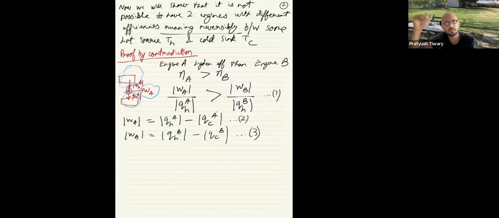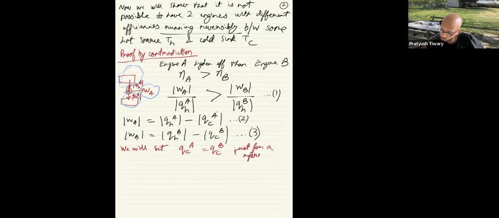So I want to repeat this. In order to compare two engines, because everything is relative, we will set QCA equal to QCB, just for a reference point.